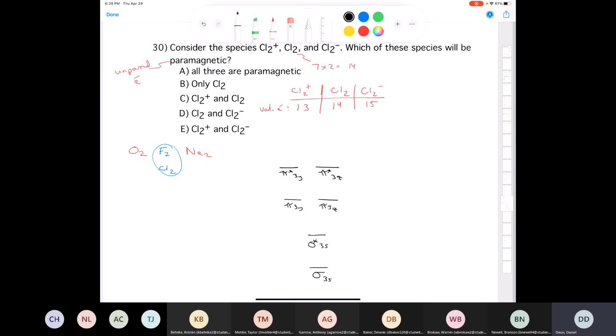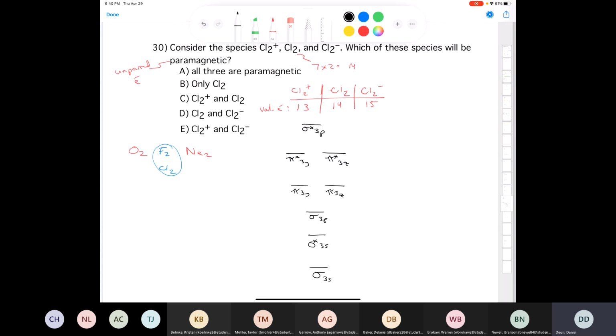Am I missing one here? Oh, I skipped my sigma 3p. Let me just move this up a little bit here. It's not a big deal. There we go. I'll squeeze it in here. I'll just write it like this, my sigma 3p. And then I've got my sigma star 3p up on top.